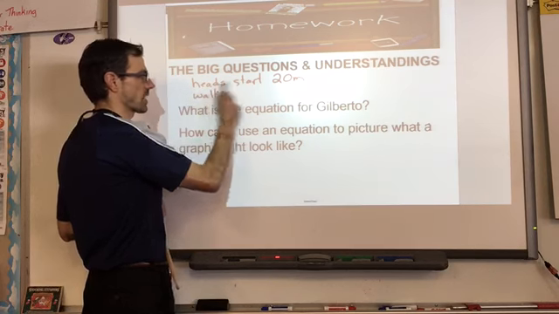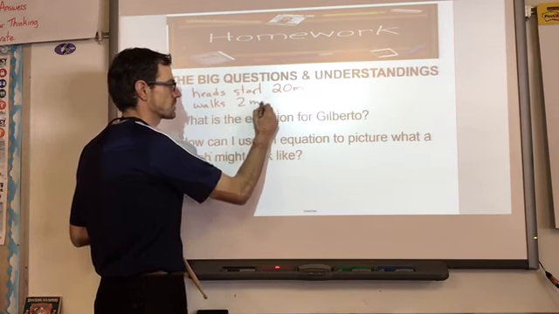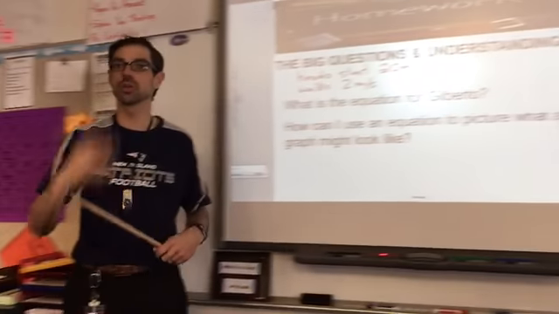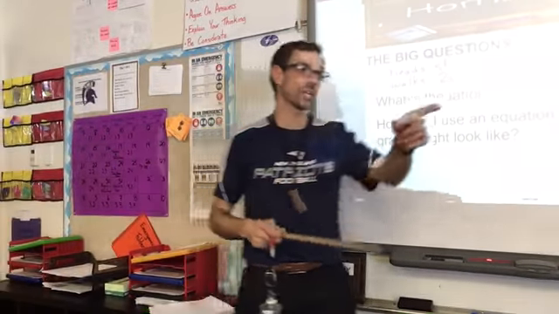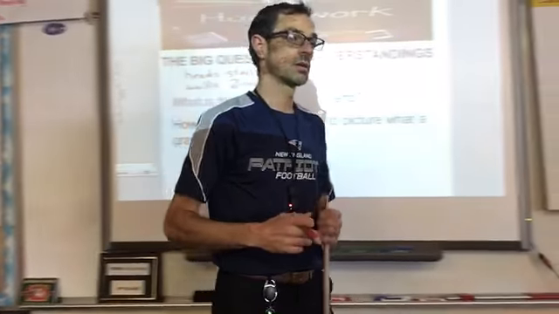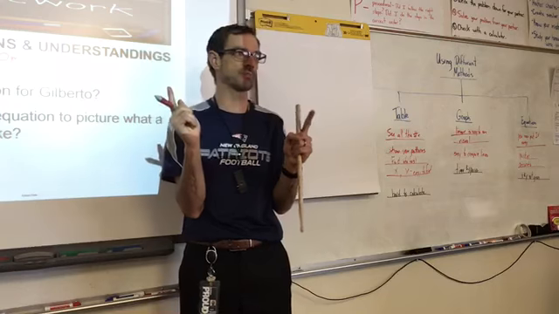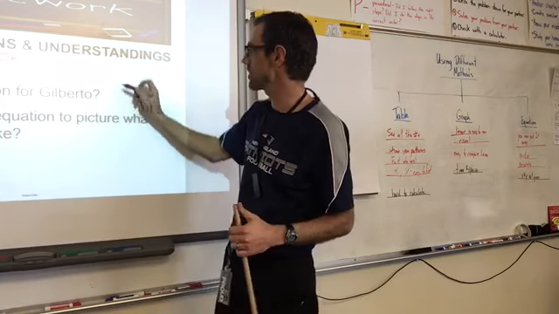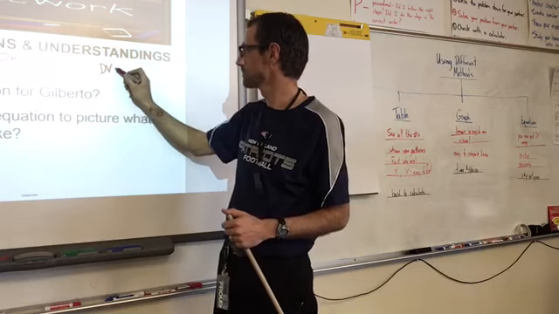So he has a head start of 20, and he walks 2 meters per second. So we know two things about Galberto. So if I go to write an equation, I'm going to have an independent and dependent variable. I know that my dependent variable is always at the end.